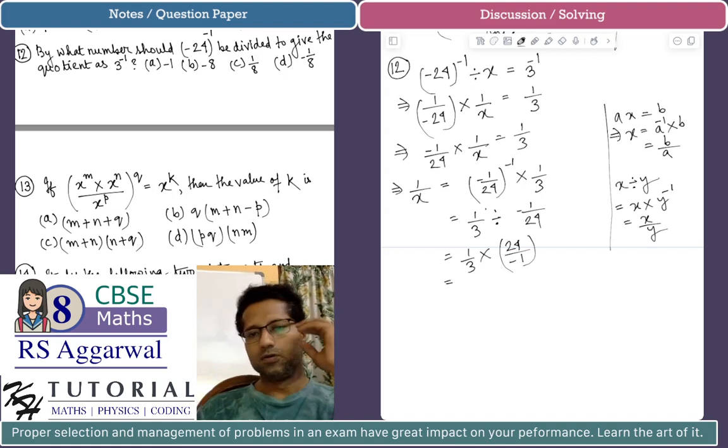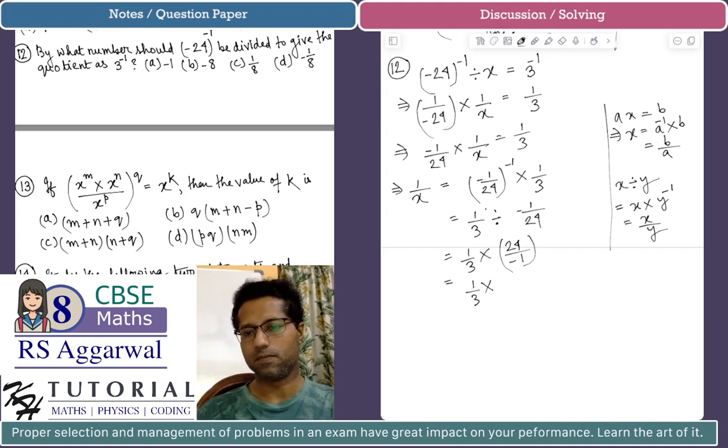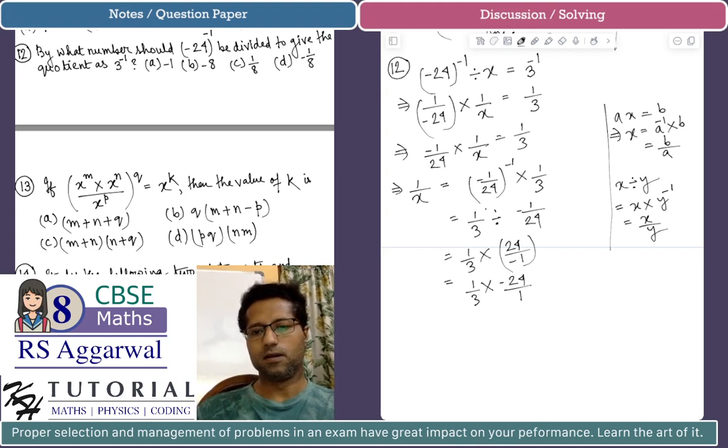So this is equal to 1 by 3 multiplied by 24 by minus 1, let's make it into standard form. The rational number 24 by minus 1 will be equal to minus 24 by 1. Now I cancel minus 24 by 3, this becomes minus 8. So 1 by x, we got 1 by x is equal to minus 8.